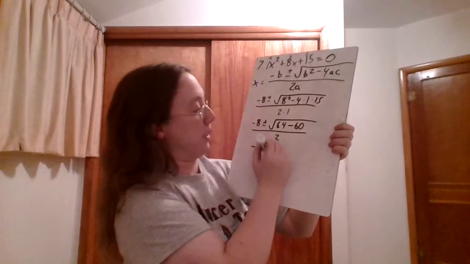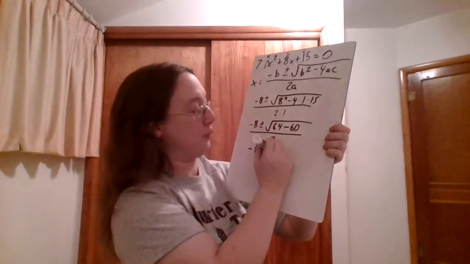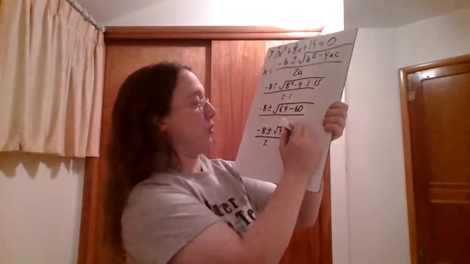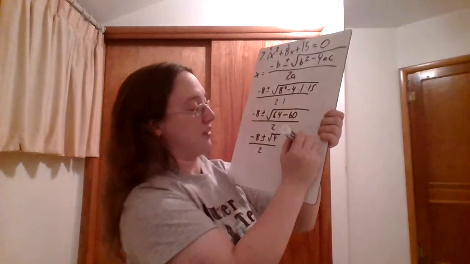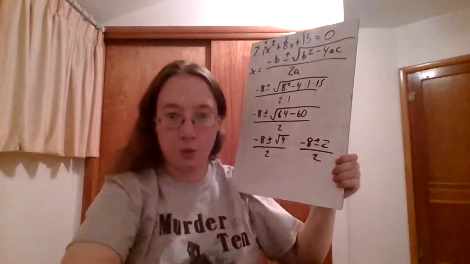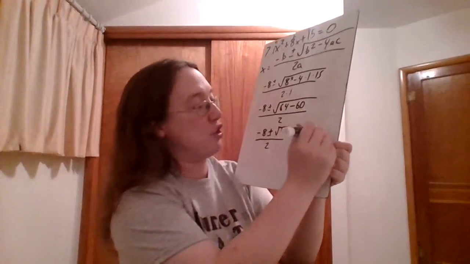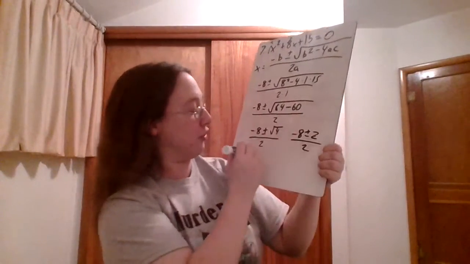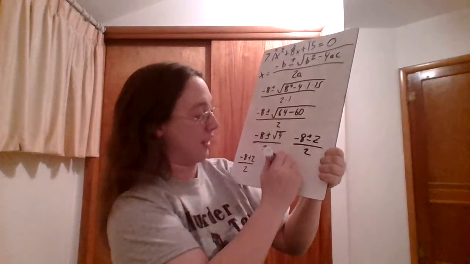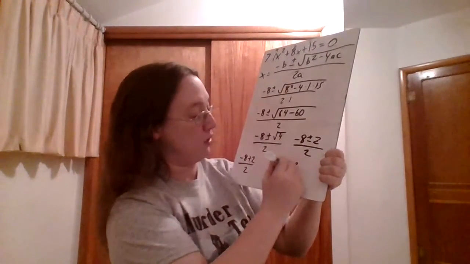And negative 8 plus or minus 64 minus 60 is 4. And the square root of 4 is 2. And then once we're there, we're splitting that up into either a plus or a minus there. So we've either got negative 8 plus 2 over 2, or we got negative 8 minus 2 over 2.